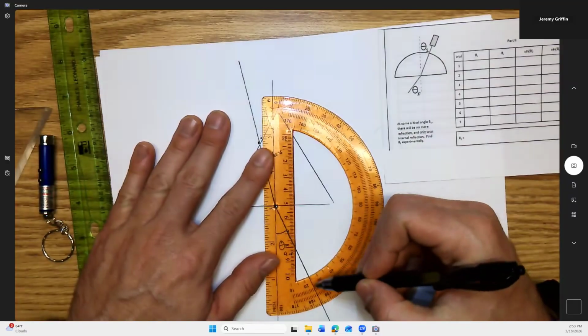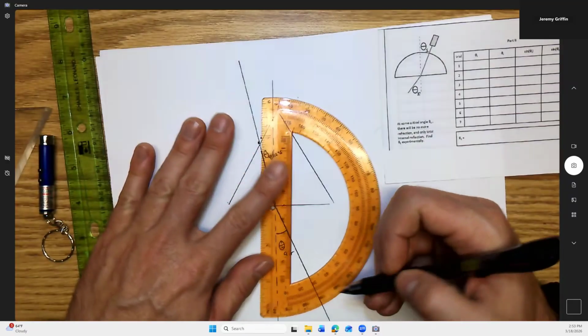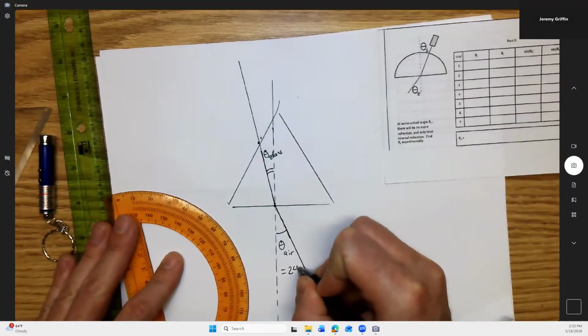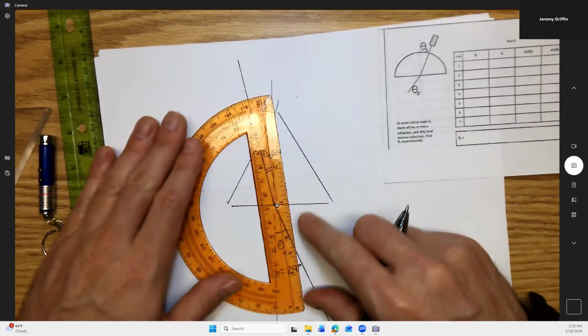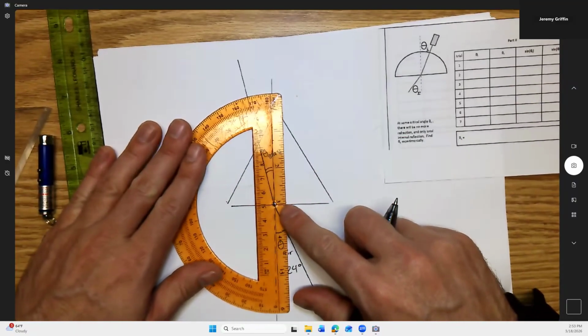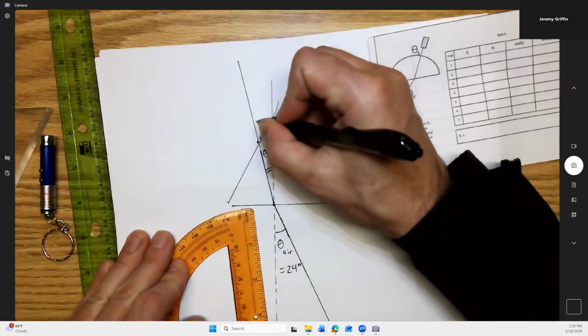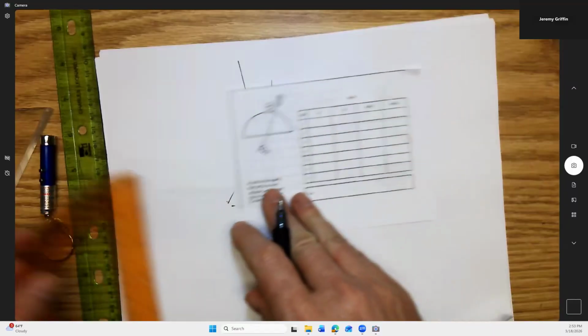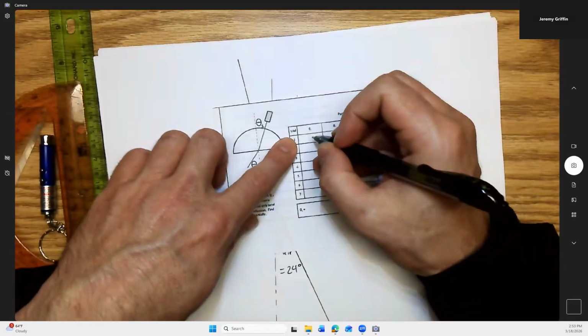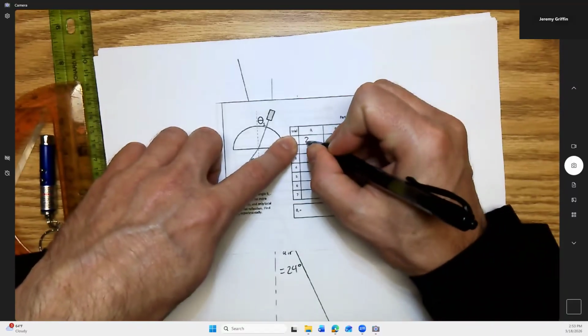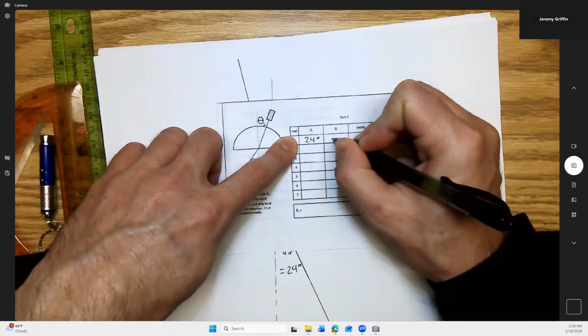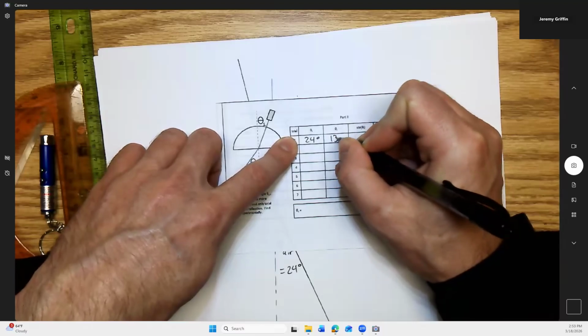Here the reading looks like 24 degrees. Now on the side of the glass, let's zero that out, right there. It looks like 13 degrees. So I'll go to my table. Let's say incident side of air, call it 24 degrees, and refracted side of glass, 13 degrees.